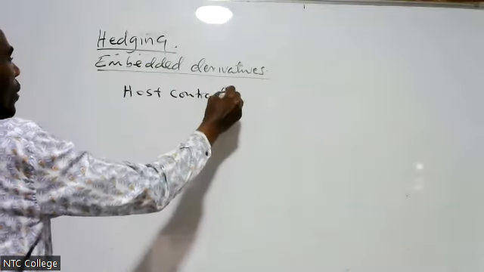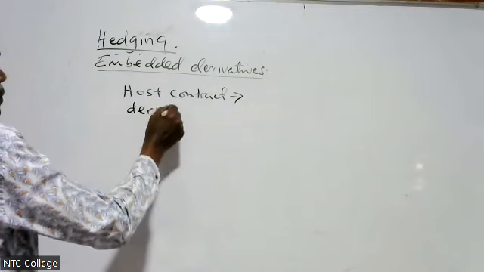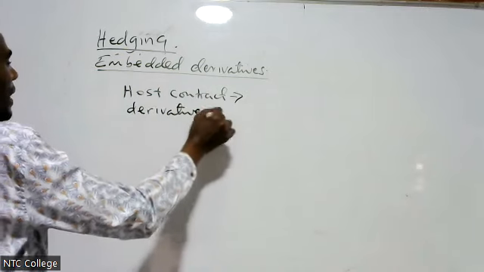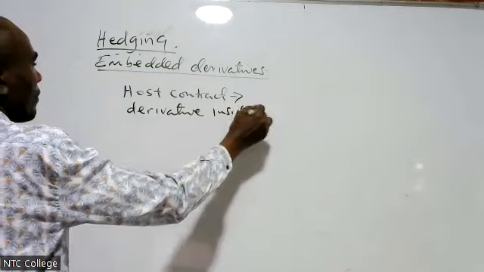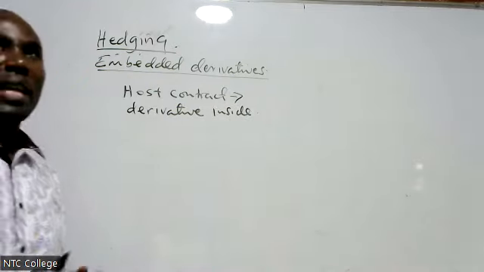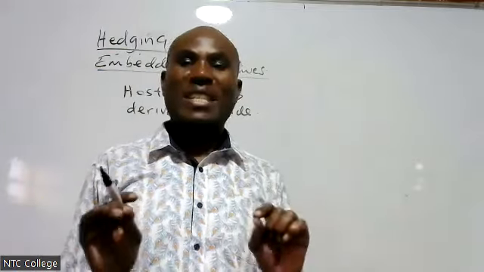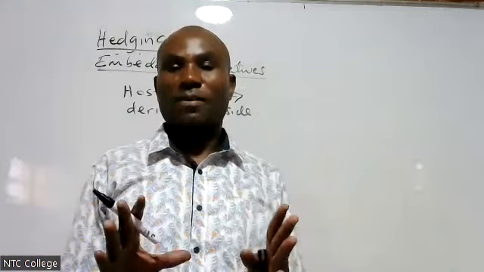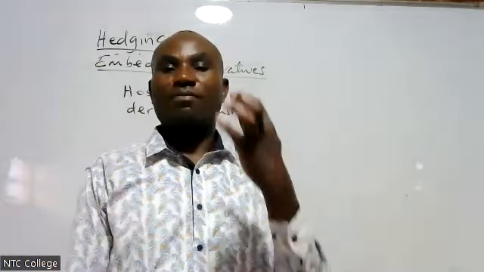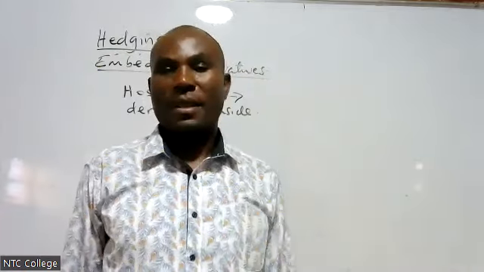It has what we call the host contract and a derivative inside. Therefore, on face value, you are seeing it as one instrument, but inside it, there is something embedded.